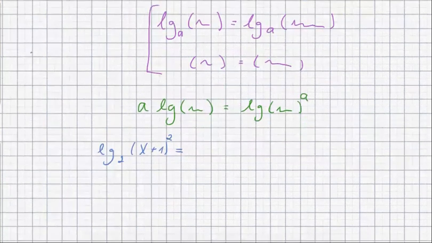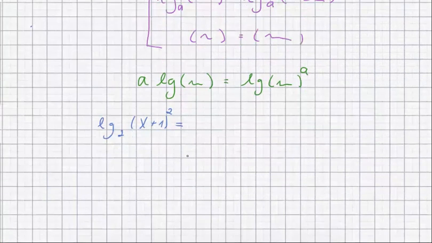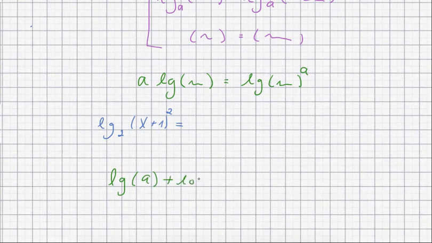Again, I will write the rules in green, so it will be easier. So if you have log of a plus log of b, it equals log of a times b.